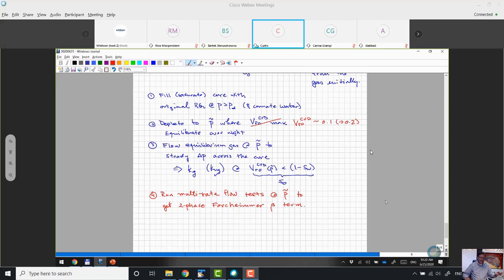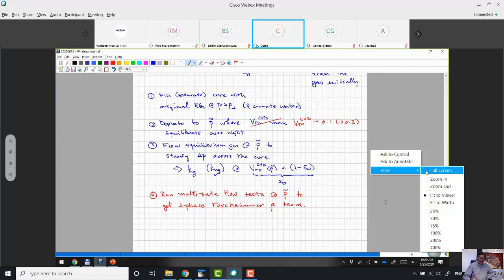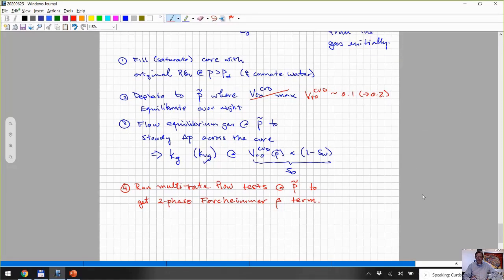Break, Commodore, he made a couple of comments about this Region 2 test. He's going to talk a little bit more about that later today, but basically when we do the depletion to get an immobile oil saturation through condensation, if you go too high, then there's a possibility that you could get some liquid flowing out during this third flow of the equilibrium gas.